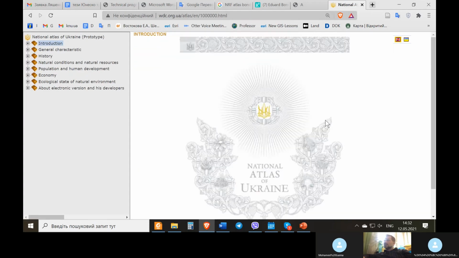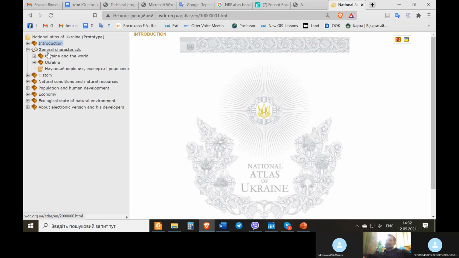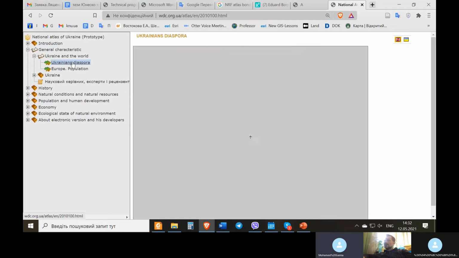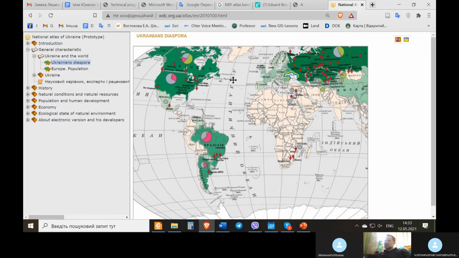Here you can see a brief representation of paperback atlas, and they put a few maps on a map.